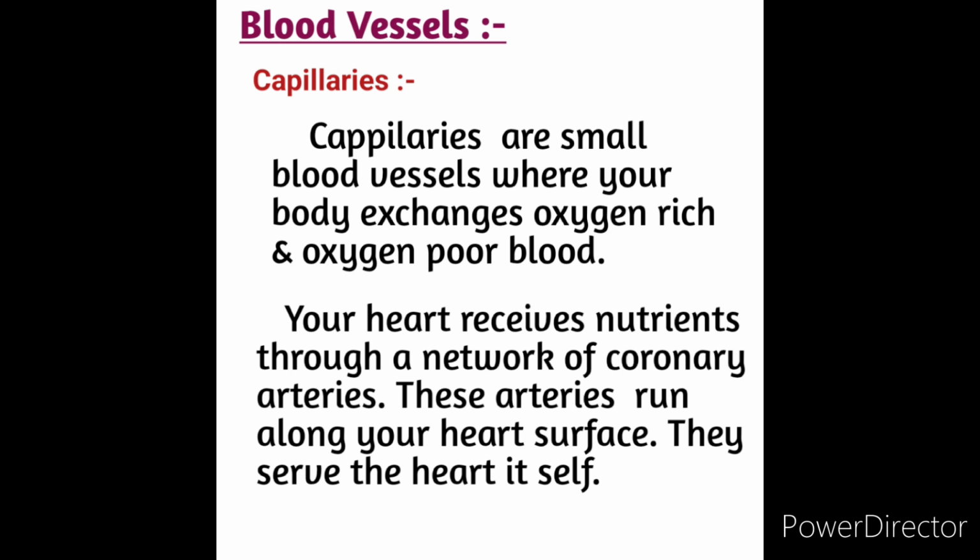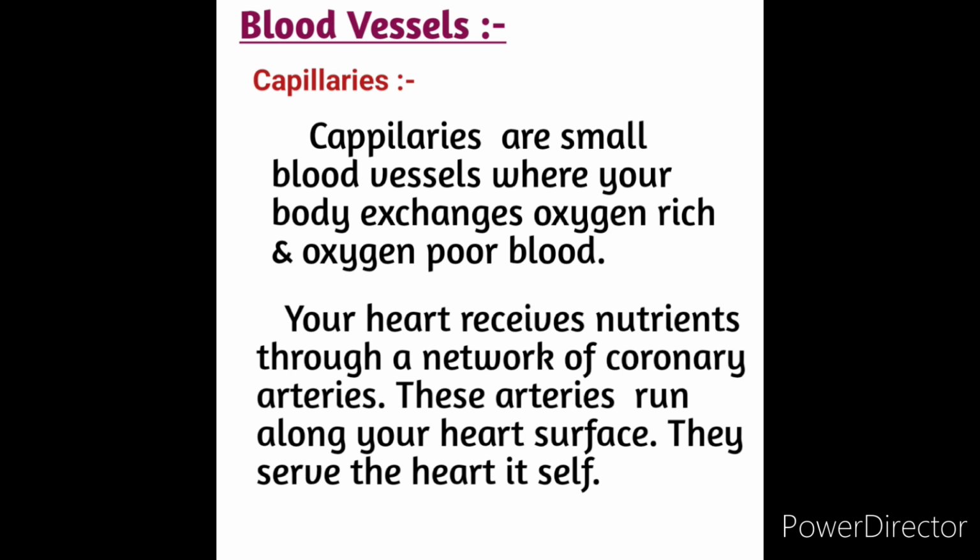Your heart receives nutrition through the network of coronary arteries. These arteries run along your heart surface and serve the heart itself, meaning self circulation. Here we can observe capillaries, small blood vessels that exchange oxygenated and deoxygenated blood.